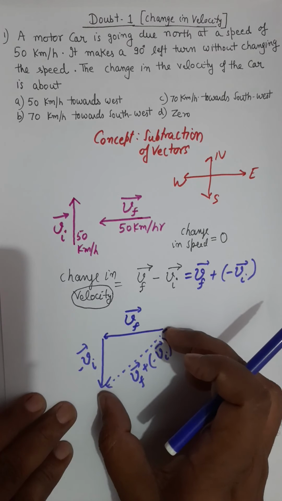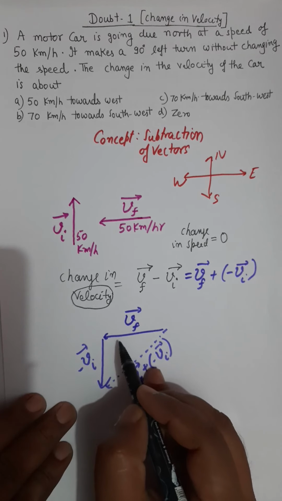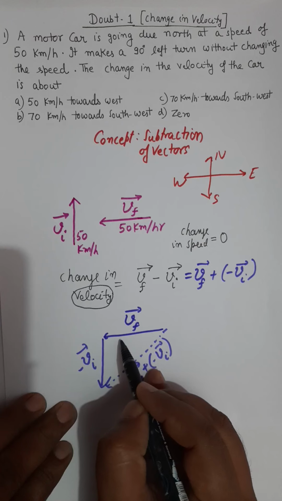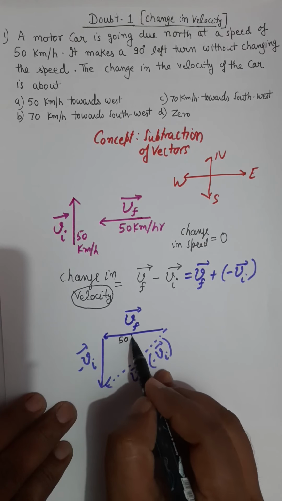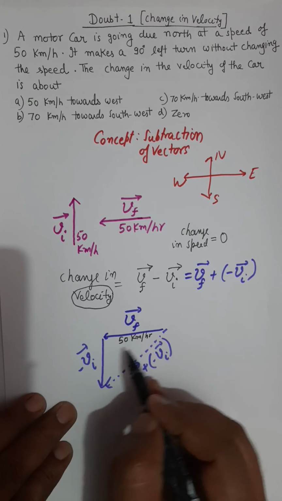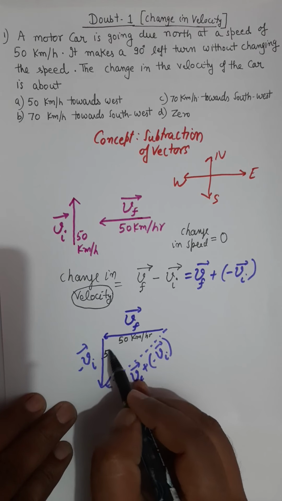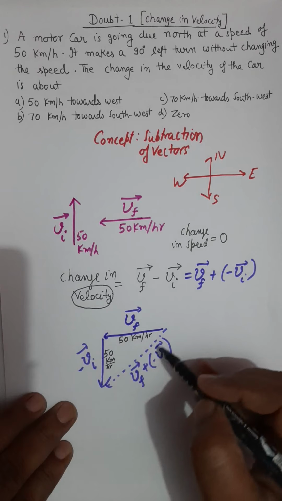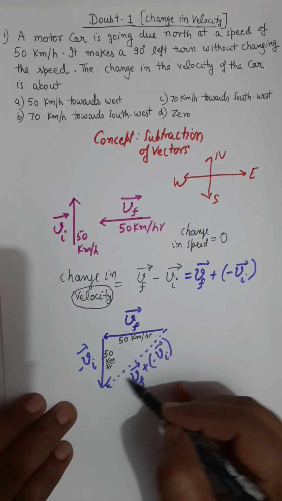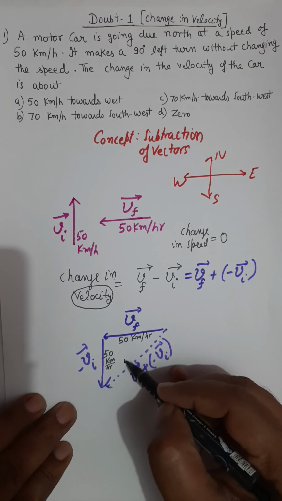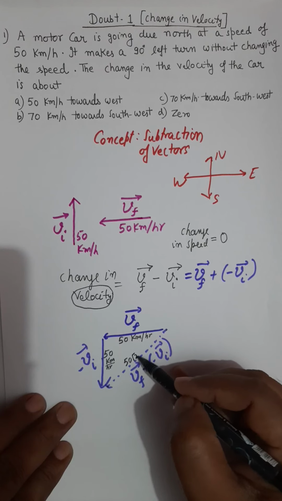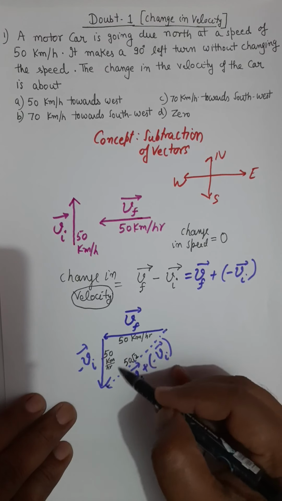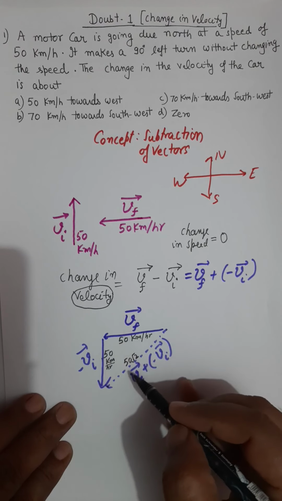And through Pythagoras theorem, you can find the length, because this arrow has a length which represents 50 km per hour, and this arrow also has a length which represents 50 km per hour. So by Pythagoras theorem, this length which represents change of velocity should be 50 root 2 km per hour, and 50 root 2 will be somewhere around 70.